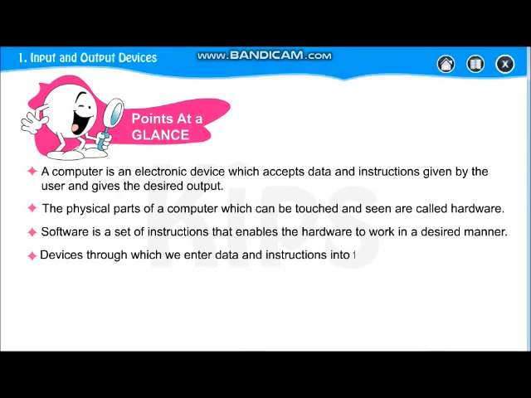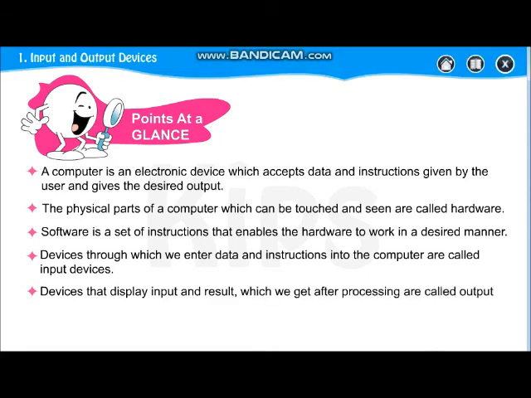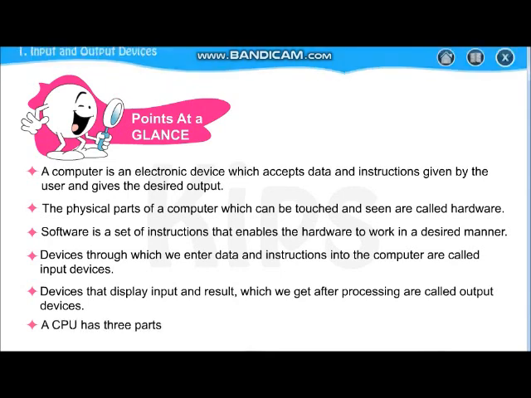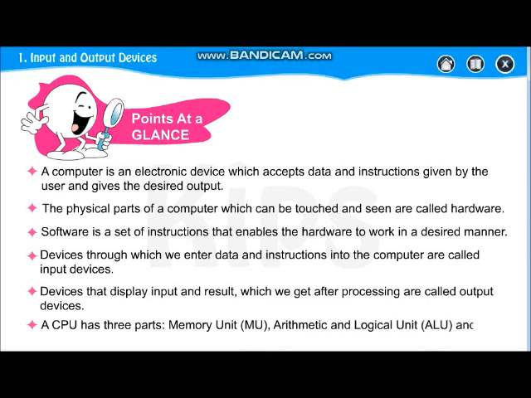Devices through which we enter data and instructions are called input devices. Devices that display input and the result which we get after processing are called output devices. CPU has three parts: MU, memory unit, ALU, arithmetic logic unit, and CU, control unit.